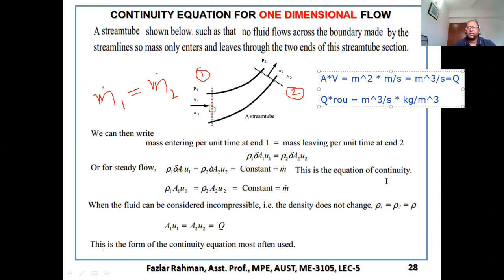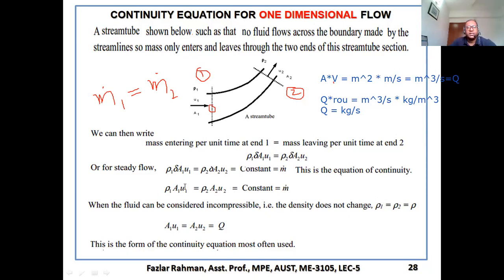So you will have the unit kg per second. That means area times velocity times density gives you the mass flow rate. So right over here, you are getting rho 1 into del A1, or you can say just A1, U1 equals rho 2 A2 U2 equals the mass flow rate, and that is constant in this case.